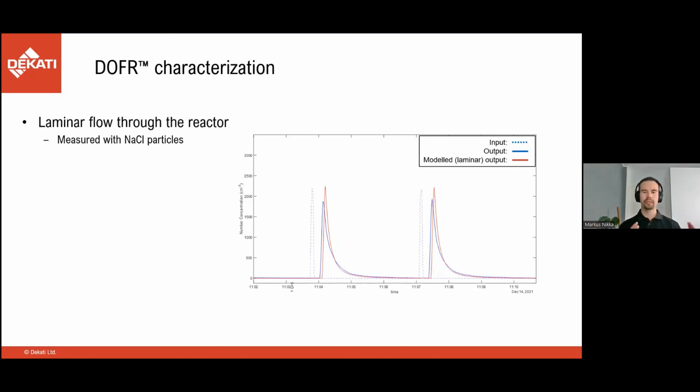In a perfect plug flow model, the input and output peaks would be identical, but laminar is the next best case that you can have in this kind of reactor. It's very difficult to achieve plug flow.